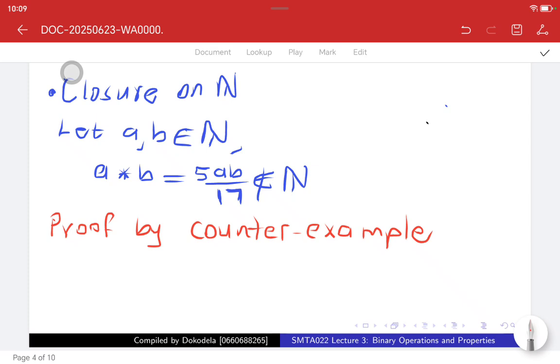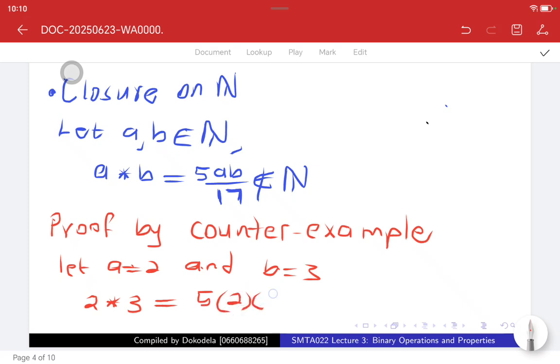Let's say by counterexample, we let A be equal to 2 and B be equal to 3. When I take this, I come here and say 2 star 3, which is equal to 5 times A, I substitute 2, B I substitute 3, all over 17.